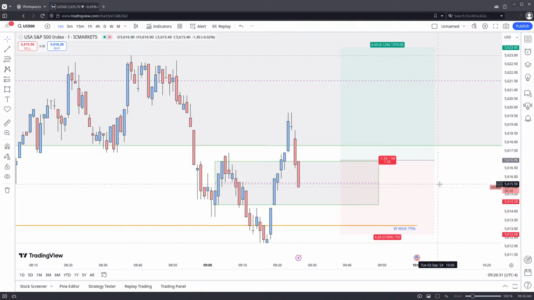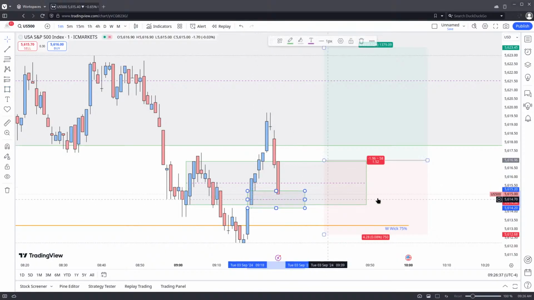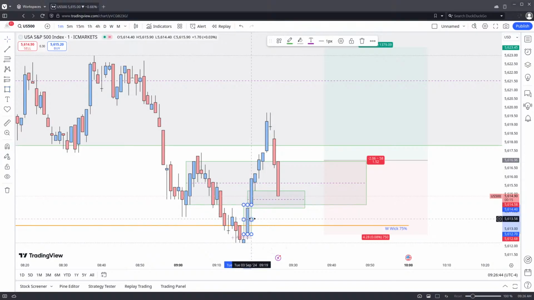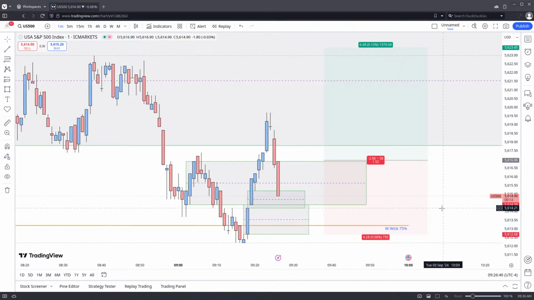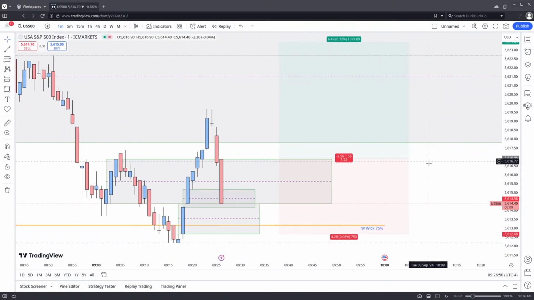So look at the candle bodies here. So far, no rejection. We're trading inside that first fair value gap. I don't want to see lower prices today. I am focusing on higher prices. I want to see a market maker buy model form. So my attention's not going to be on lower prices.